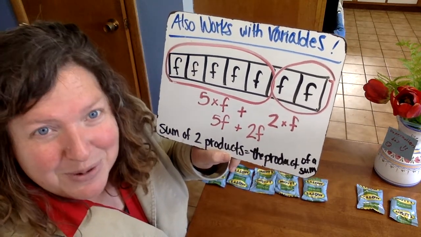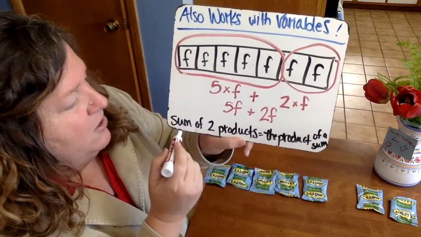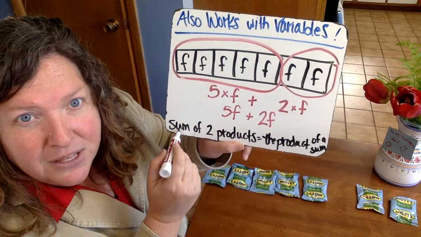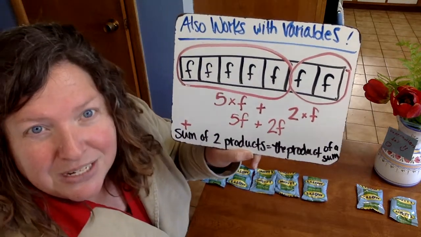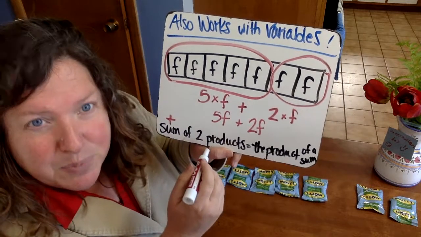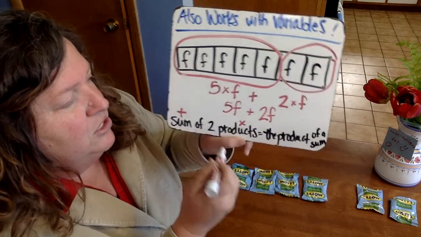Now, the distributive property tells us that we could show this picture right here as the sum of 2 products. Sum means addition. Of 2 products. Product is the answer to a multiplication problem. So look at this.